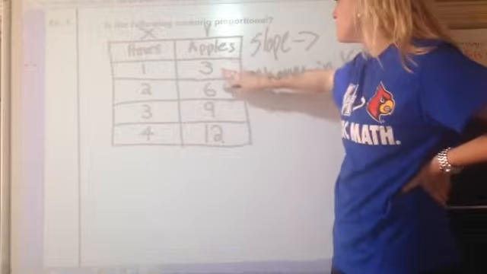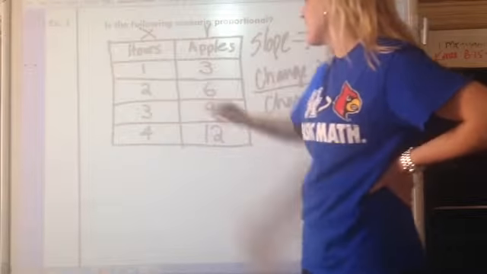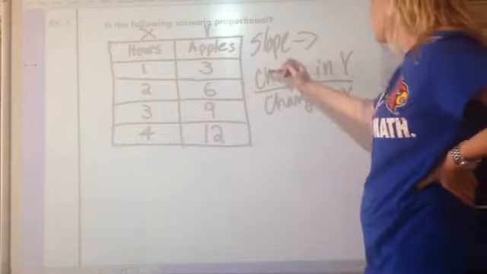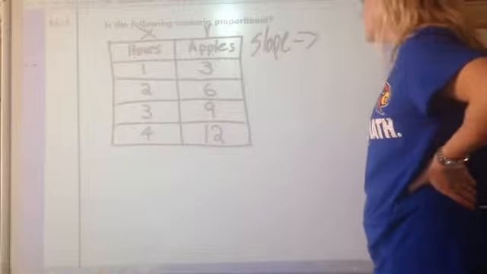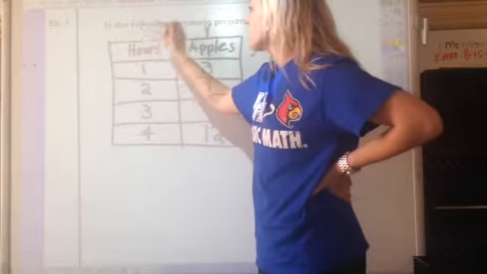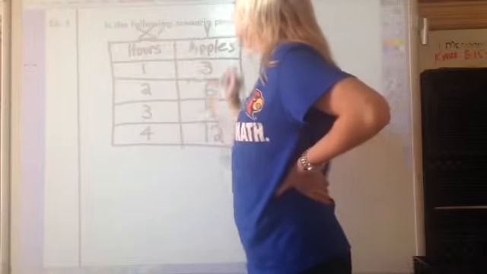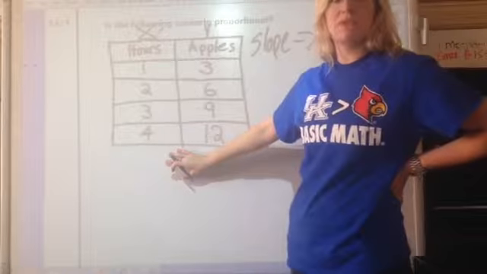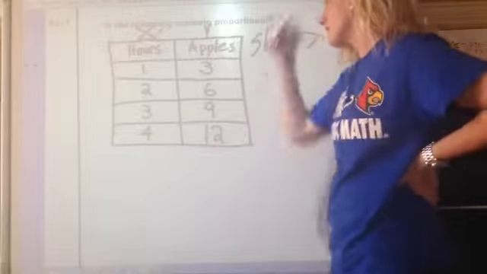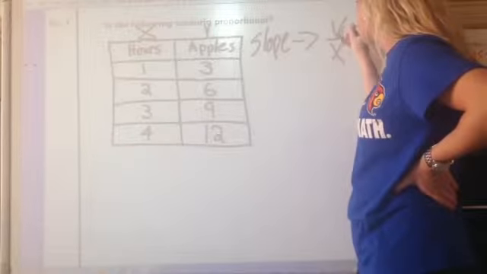So what I'm going to do is just find the difference between the y values and the x values and divide them together and figure out my slope. So hours will be my x value, and apples will be my y value. Go ahead and draw this table. It doesn't have to be the most beautiful table in the world, but you do need to go ahead and draw it.